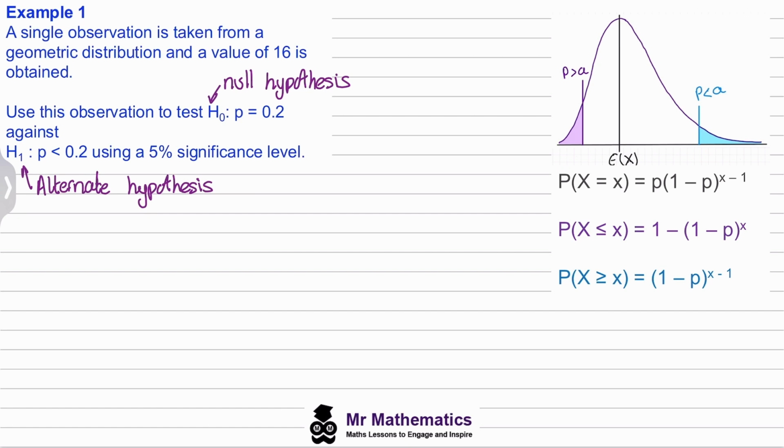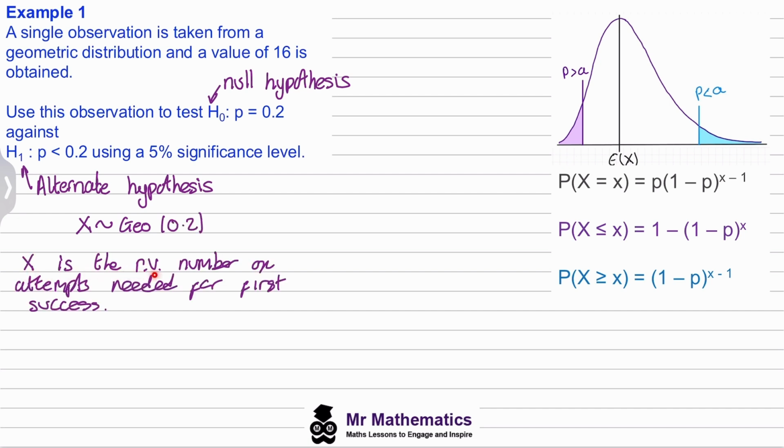So when we carry out our hypothesis test, we need to assume that p is 0.2. So we can define our model that X is distributed geometrically with a probability of 0.2, where X is the random variable, the number of attempts needed for the first success.